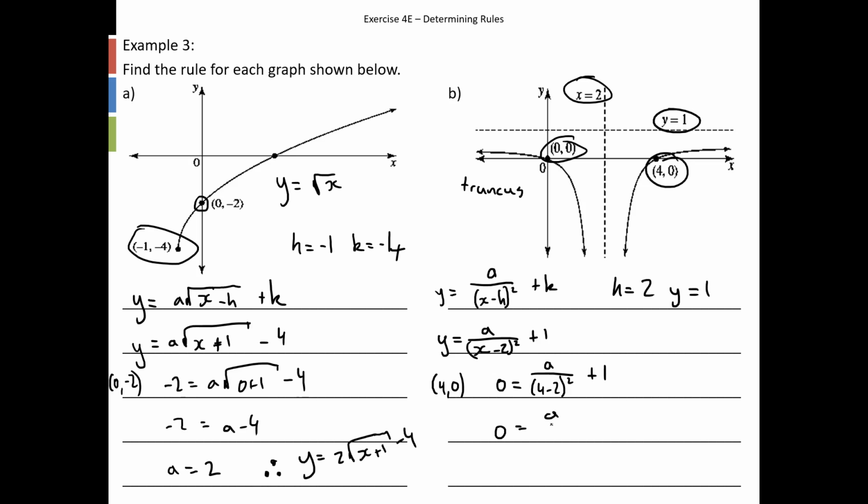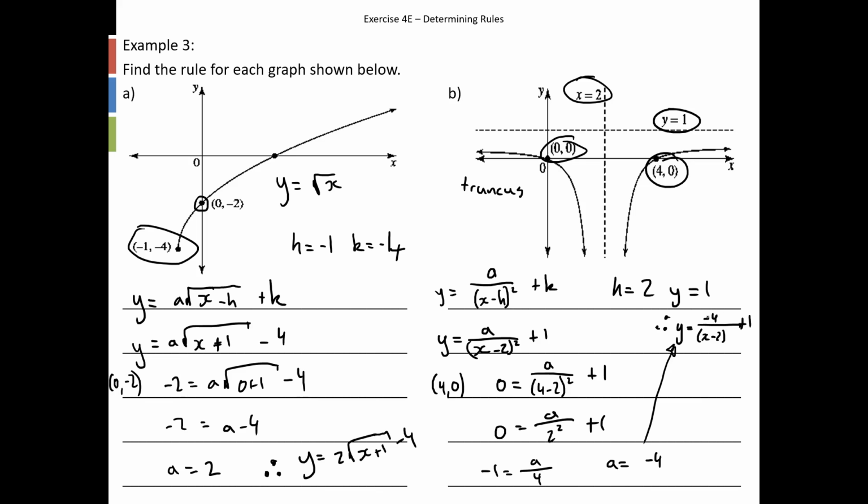We get 0 equals a on 2 squared plus 1, so we get -1 equals a on 4, so a is going to be equal to -4. Coming back up, we can say therefore y equals -4 on x minus 2 squared, all plus 1.